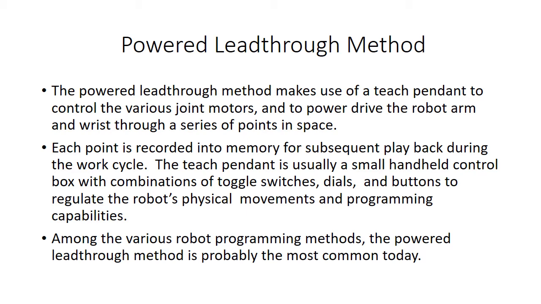Each point is recorded into memory for subsequent playback during the work cycle. The teach pendant is usually a small handheld control box with combinations of toggle switches, dials and buttons to regulate the robot's physical movements and programming capabilities.